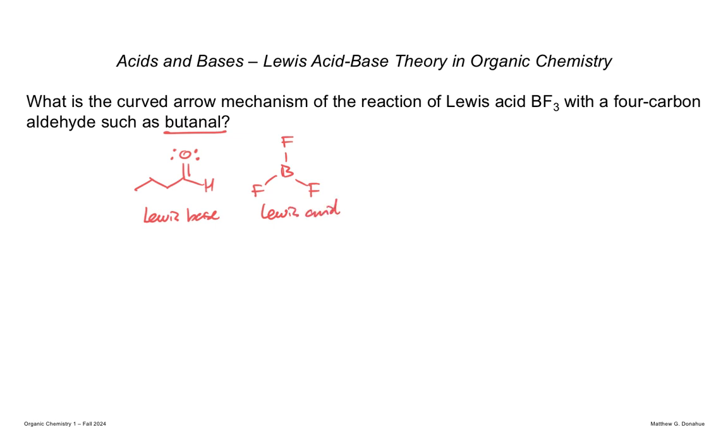And what's implicit there is that p orbital, which I'm not going to draw, but the lone pair is attracted to that p orbital. So 2 electrons move, it will attack the boron. And so I'll add a caveat here about mechanisms, where I said before, anytime you're forming a bond, you have to break a bond. In this case, you're forming an O to B bond, but you're not breaking a B to F bond. This forms a complex.